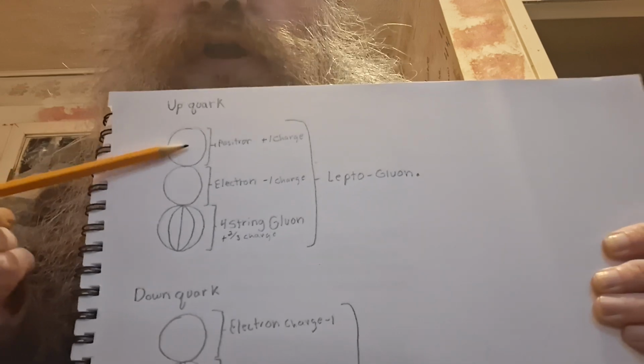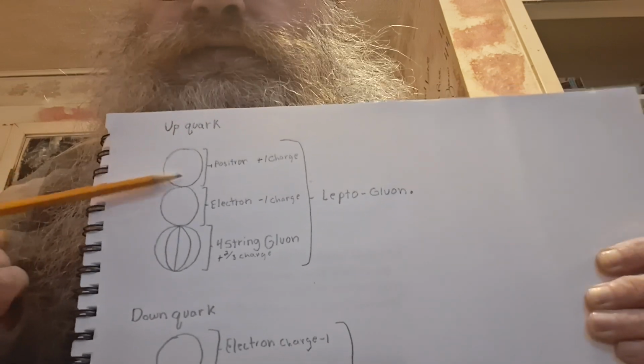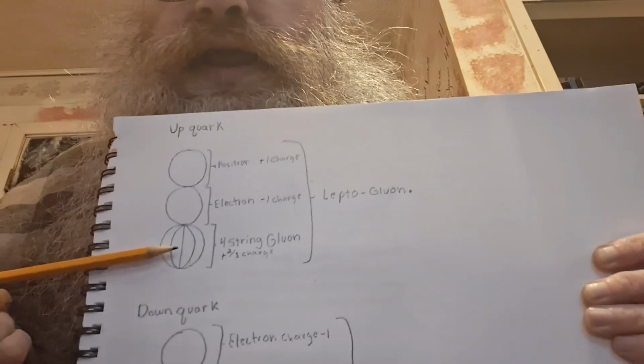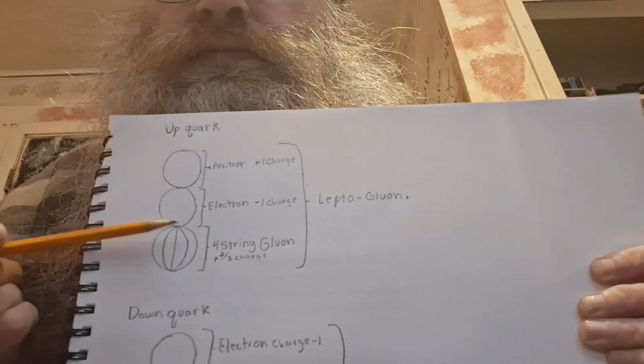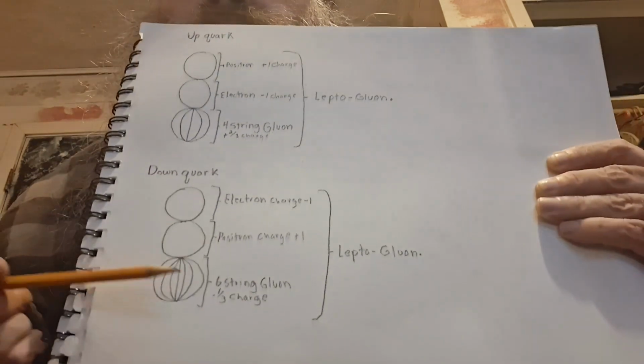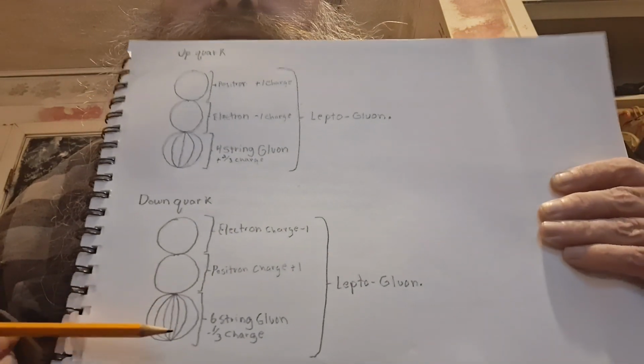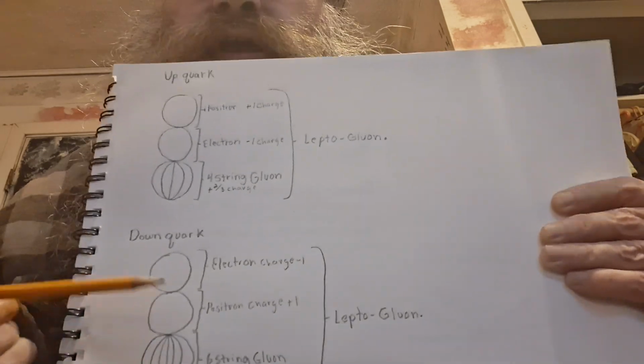This is an electron, a positron, an electron, and a gluon. The bottom is a gluon. And they're attached, which is going to be the subject of my next video, is what quarks are. They're leptogluons. When we talk about beta decay.